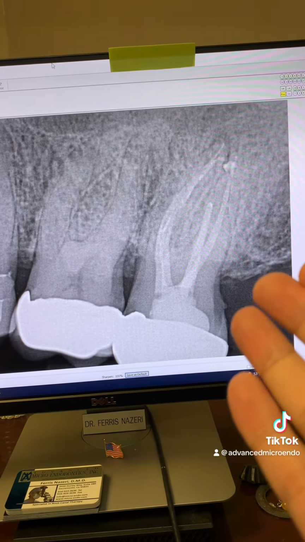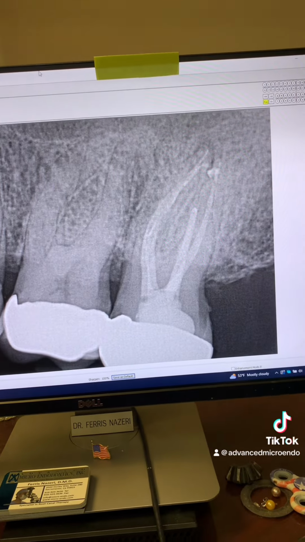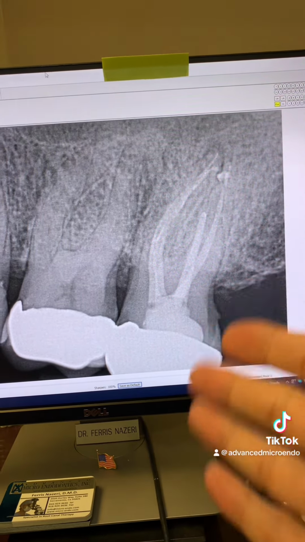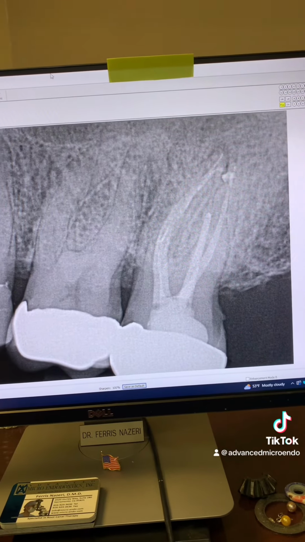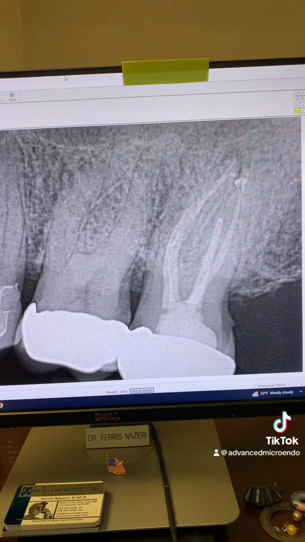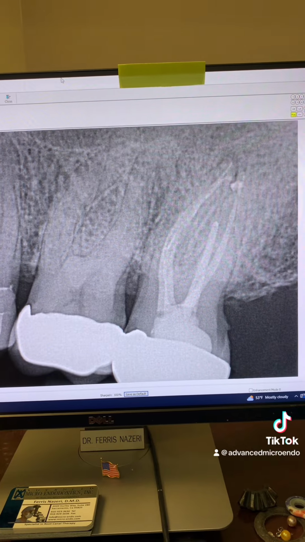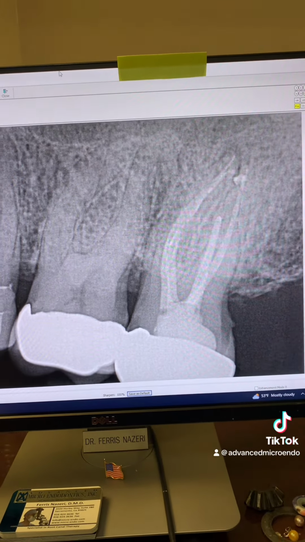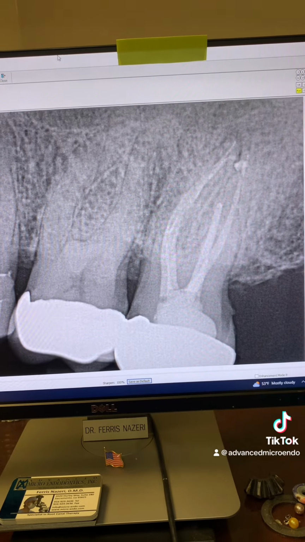You can see that, again, we did this root canal in one appointment. Even though the pulp was necrotic and there was a periapical lucency, it did not affect the outcome of the endodontic treatment. The outcome was still successful. We placed an MTA plug in the palatal canal.